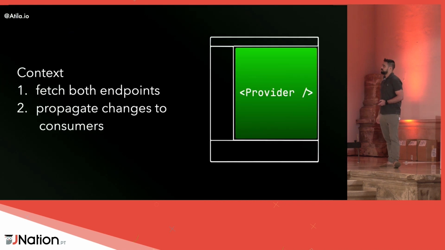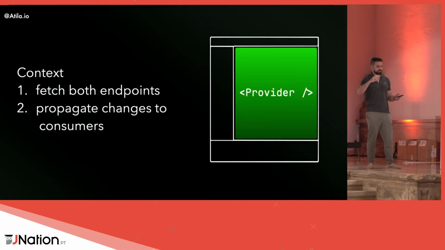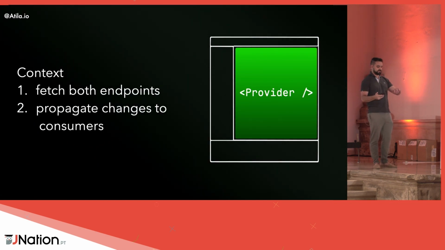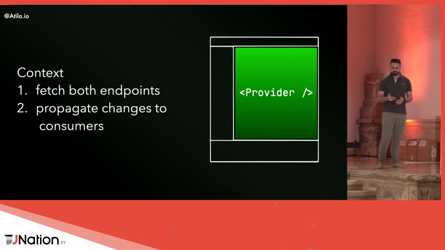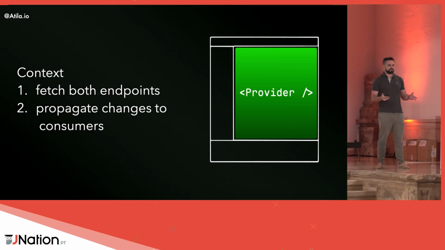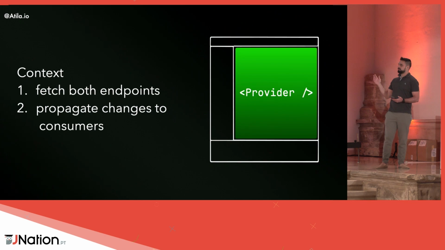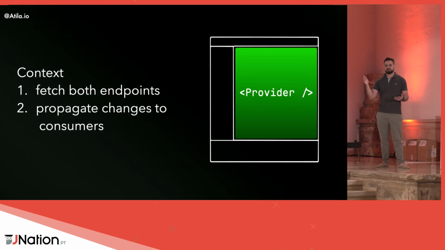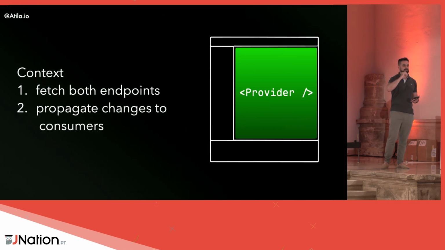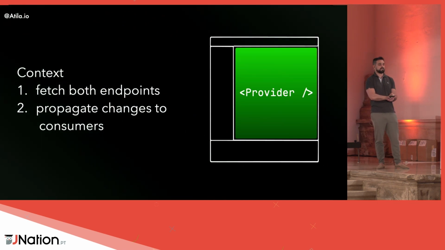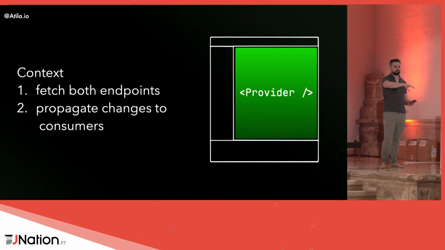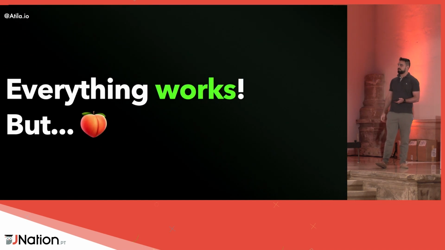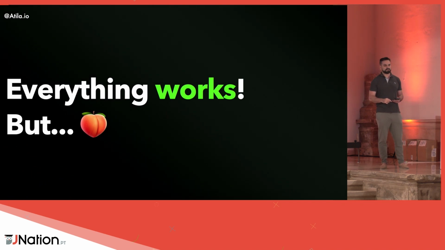So the way our app looks is we want to fetch both of those endpoints and propagate those changes to all the consumers, right? And the first gut reaction, when you're talking about React or SolidJS, is: okay, we're going to hoist that, and we're going to make a provider that shares the data through all of them. Then we fetch only once, and every time the data changes, things are going to update, right? Everything works. But there's a but.